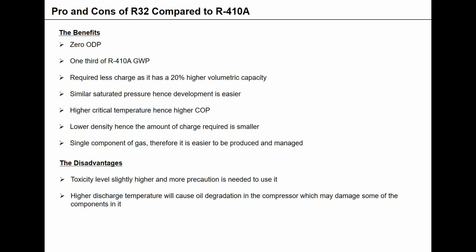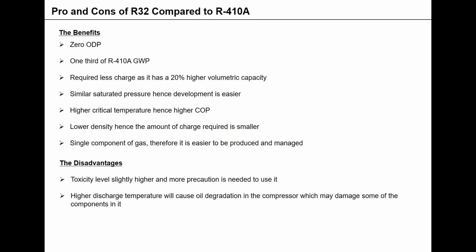Because of the higher volumetric capacity, less charge is required, and they have similar saturated pressure, hence development is very easy. R32 has a higher critical temperature, that's why the COP is higher. It has a low density, hence the charge required for R32 compared to R410A for a similar capacity is less. And again, it is a single component gas, therefore it is easier to produce and manage.